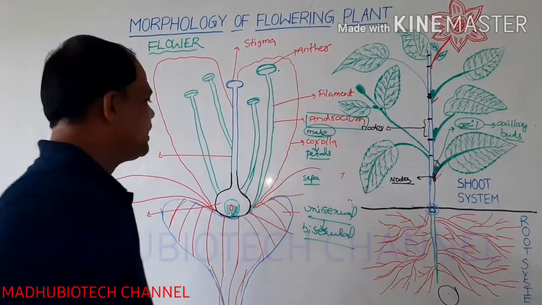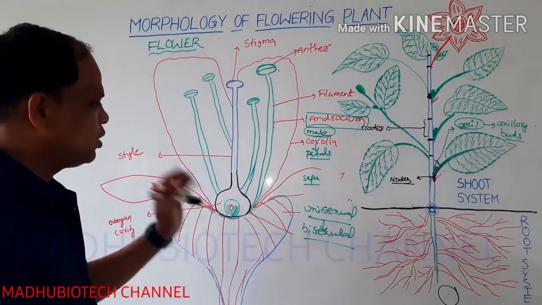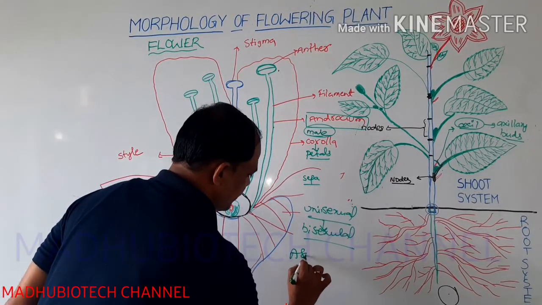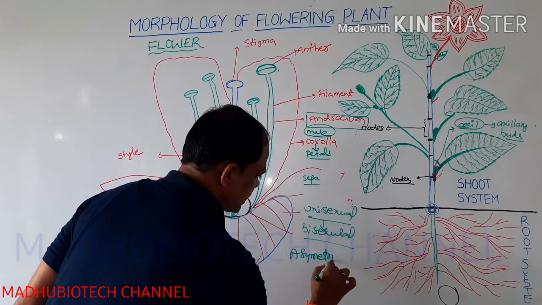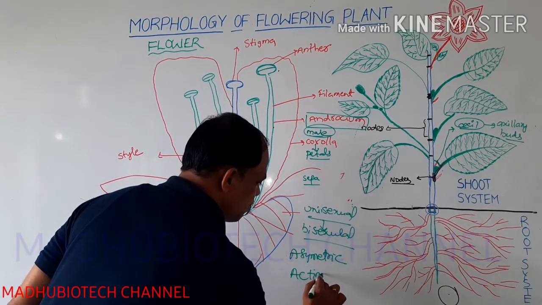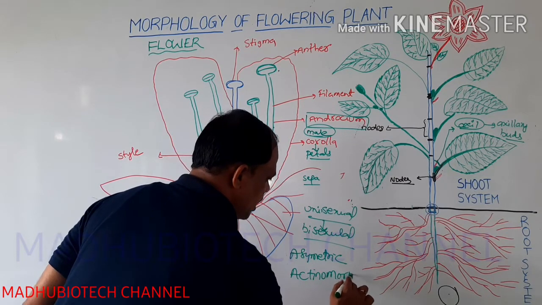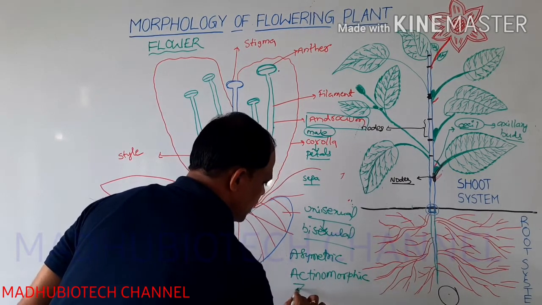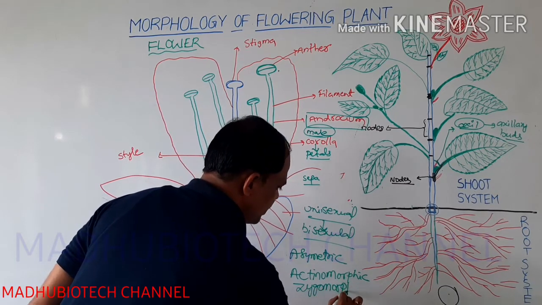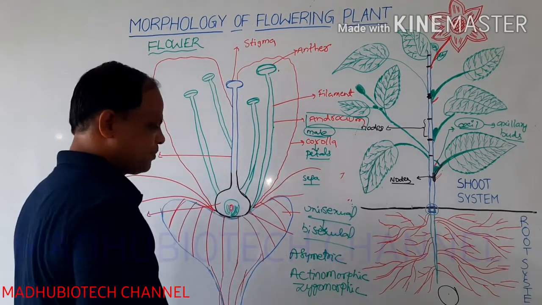Okay, and based on the symmetry, the flowers are asymmetric, actinomorphic and zygomorphic.